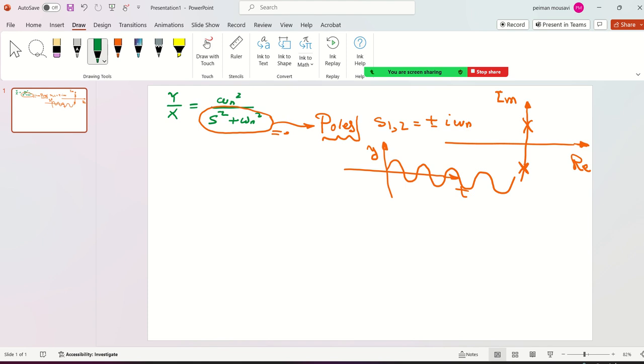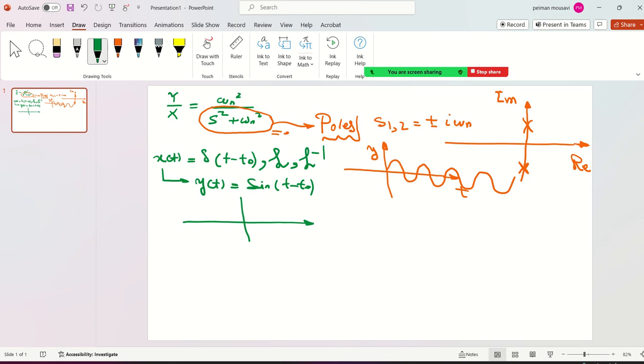So I said that x of t, refreshing because we're continuing, is delta t minus t naught, meaning the delayed impulse. Let me write it clearly. And you saw that after applying the inverse Laplace, we got y of t as sine t minus t naught.